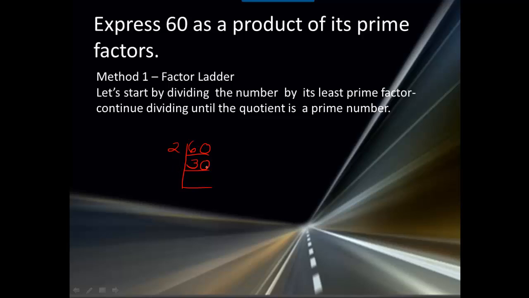Now I will divide 30 by 2. 30 divided by 2 is 15. Is there another prime factor that I can divide 15 by? 3.